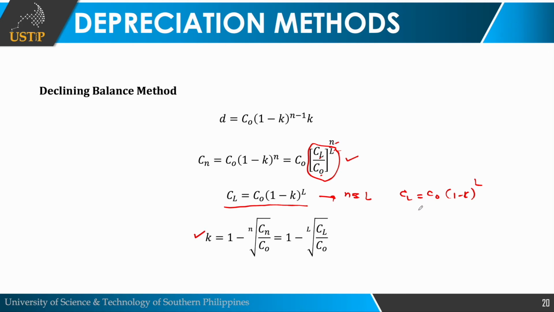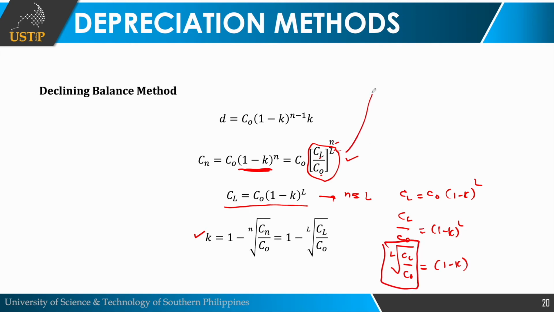So, imuhang pagkuha na class is, if you manipulate that is CL over CO is (1 minus k)^L. In order to eliminate kini exponent nga L, you have to get the Lth root of your CL over CO. Diba? So that is 1 minus K. Now, 1 minus K here is equal to ani.